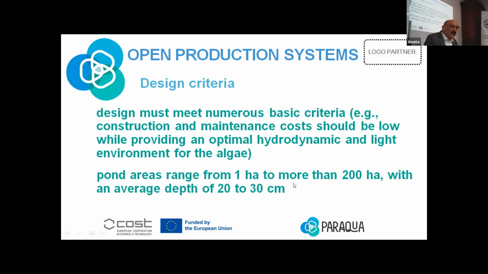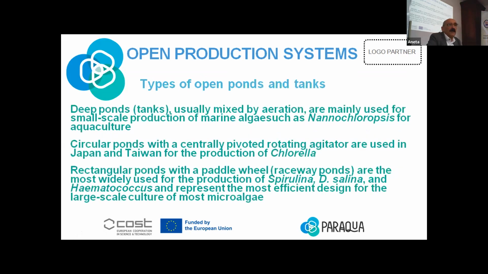That's why I said that most of the mass production is now done in open systems, with an average depth of 20 to 30 centimeters. If you have 20 to 30 centimeters, you don't have to be very careful about mixing. So you usually move it slowly. You will see different ways to mix it.